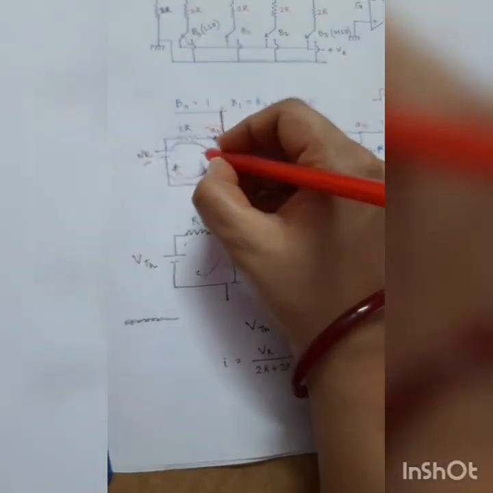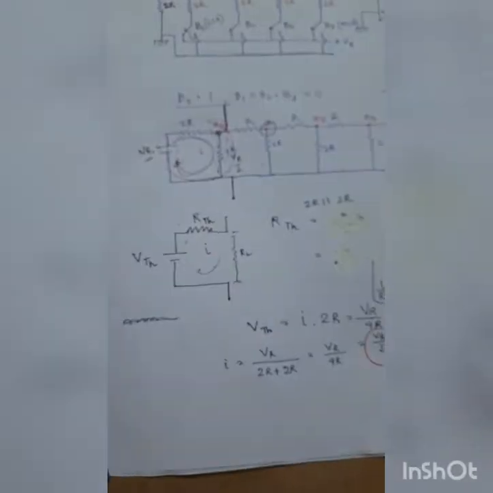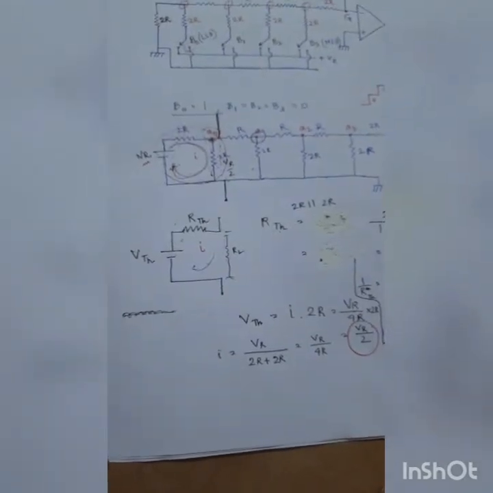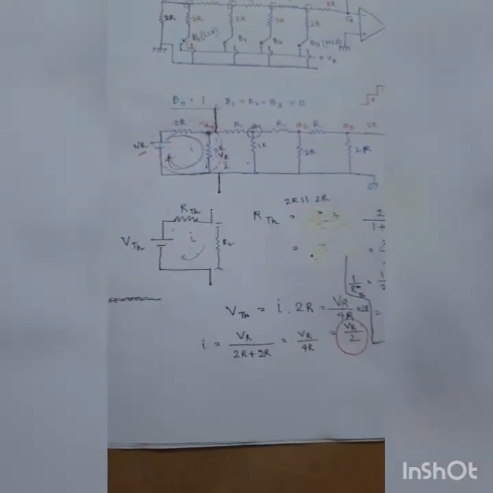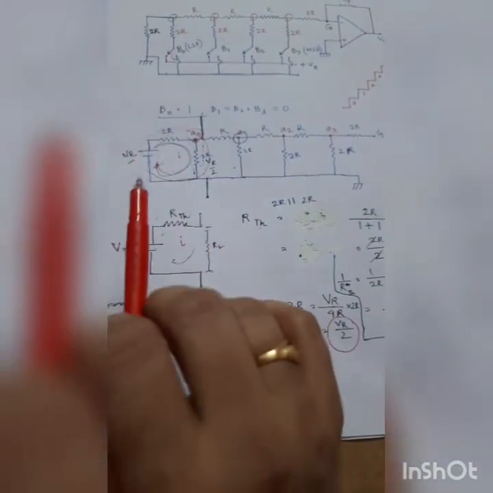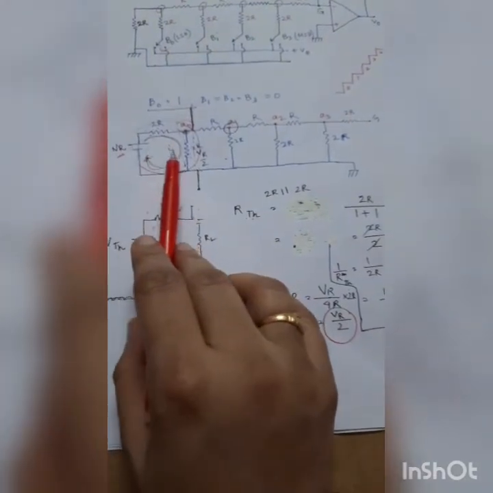So here I will be flowing in this case. For the current, the resistance will be 2R plus 2R. There is no other path, so it is like series.